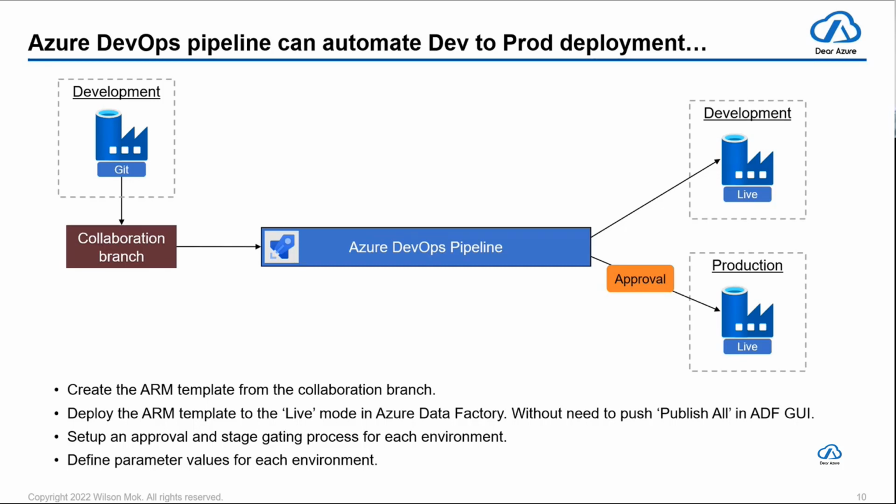The last benefit of Azure DevOps pipeline is that it gives us the ability to define the parameter values that we want for each environment. So there could be server name differences, password differences between development and production. We can define all of those variables inside the Azure DevOps pipeline.